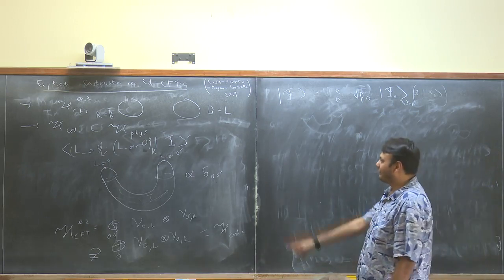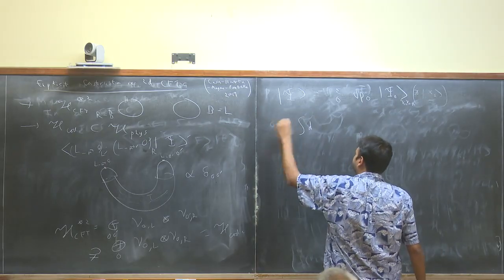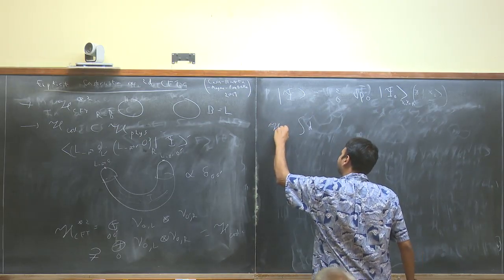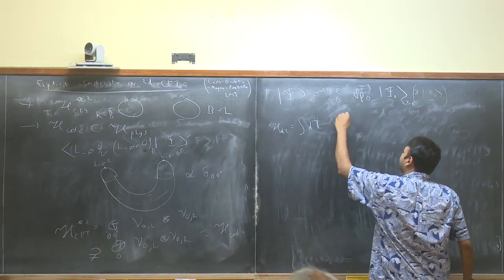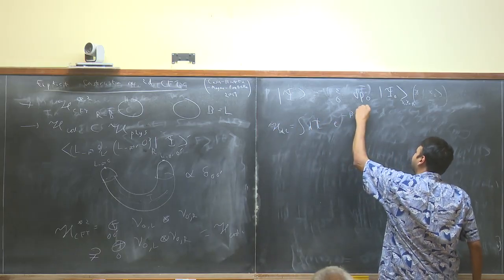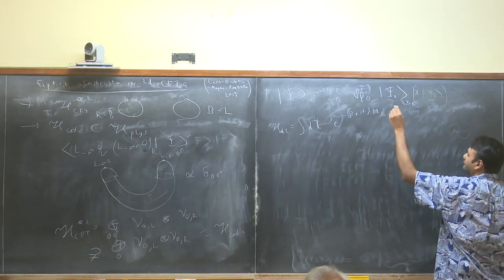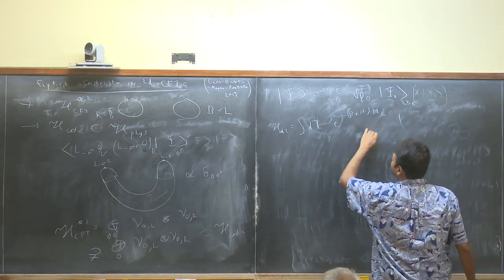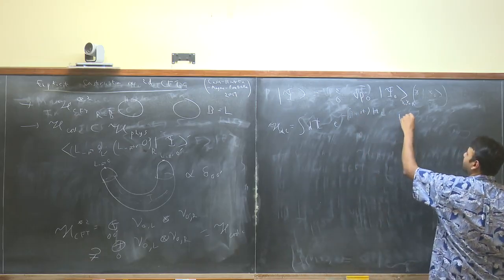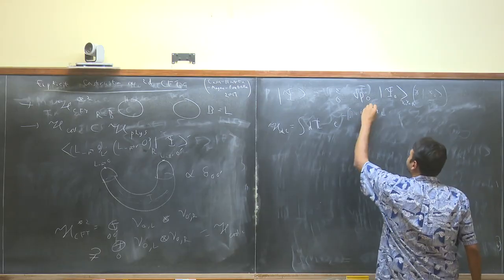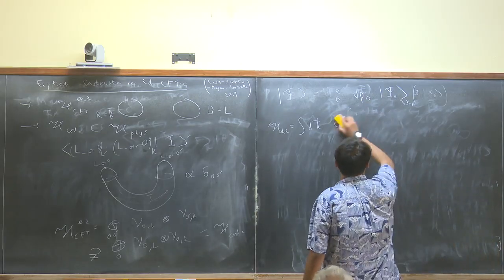But the point is that my code is too big, because you can always consider the following state in H code: the integral over tau of e to the minus i tau (H left minus E naught), acting on some beta state. I'm messing up my Fourier transforms. One second.